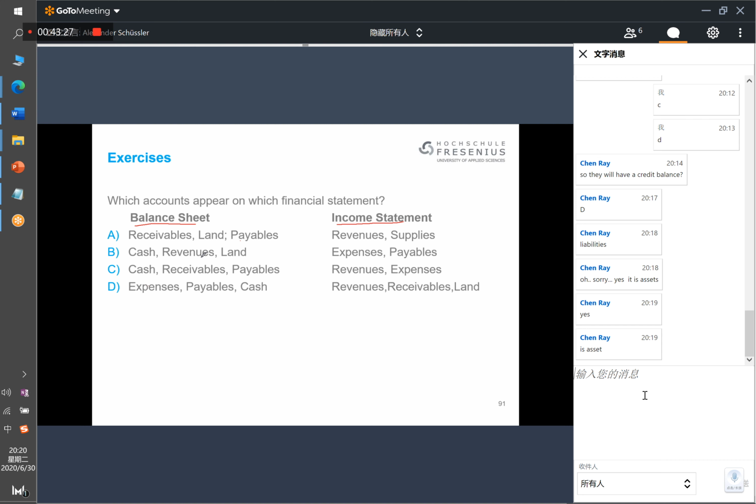What about revenues? Is revenues on the balance sheet? Or is it no? Chen Ray, it is on the income statement. Yeah. So this is also wrong. A is wrong. B is wrong. What about C?